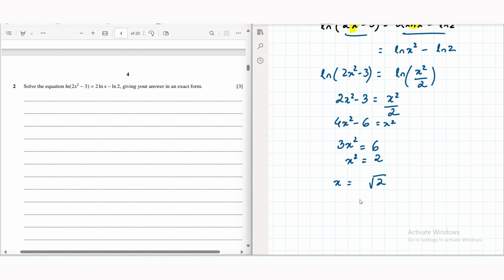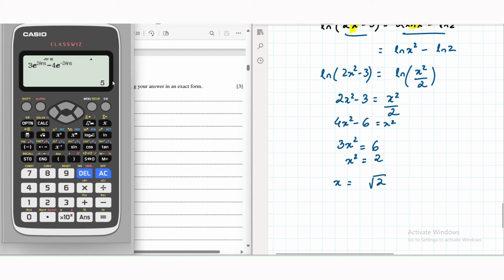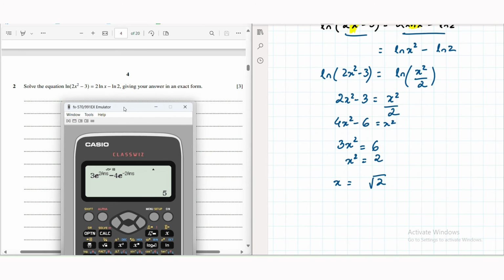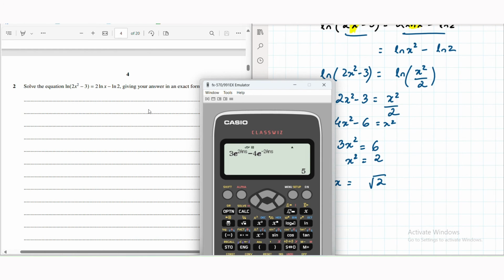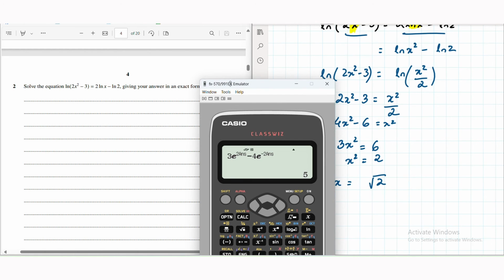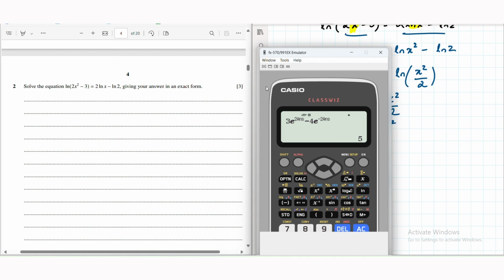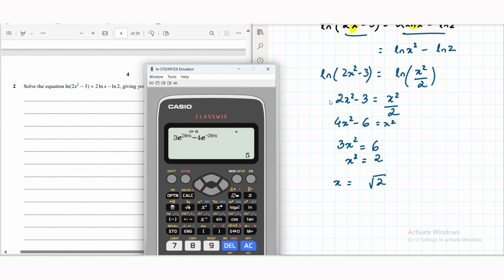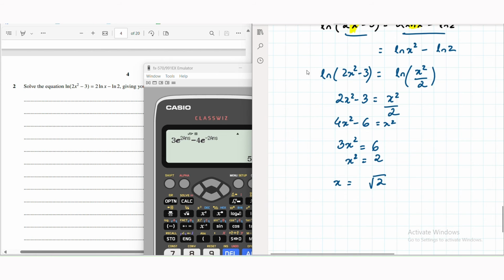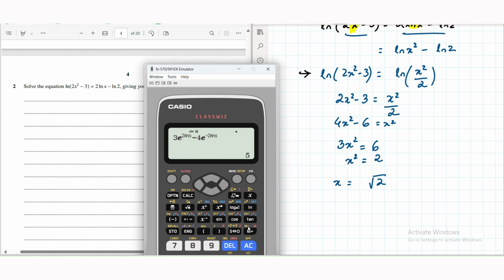Now you can test your answer. This time we have expressions on two sides, so we could subtract them. If we get 0, that would mean that we are right.